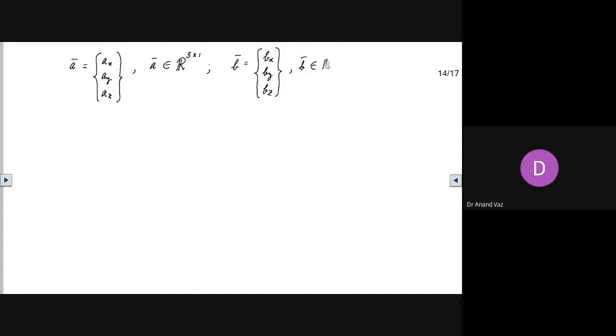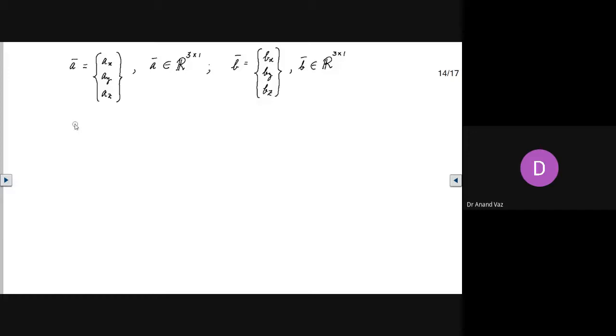So it's an element of R 3×1. Okay. So it just says that these elements are in the form of a 3×1 matrix, and these elements are real, in the real space.